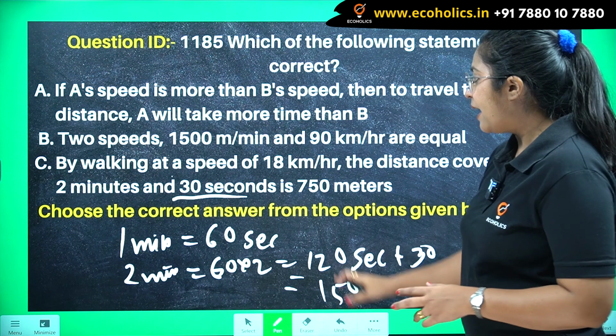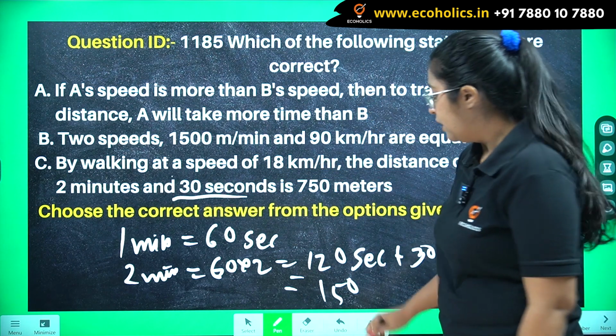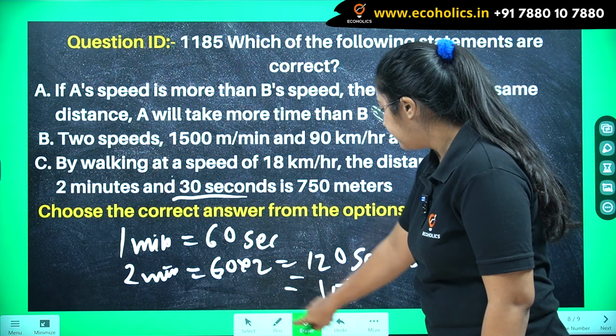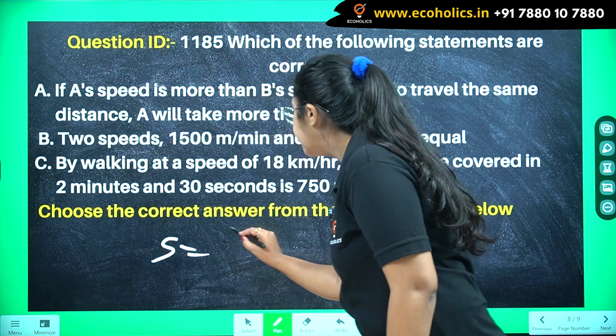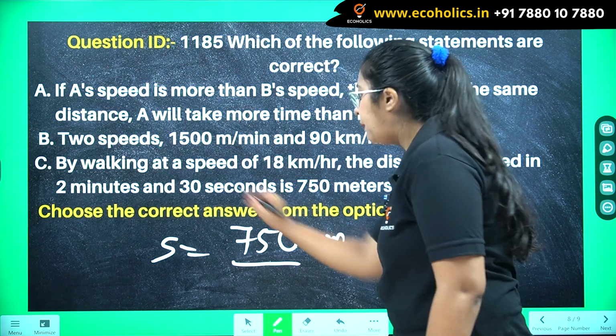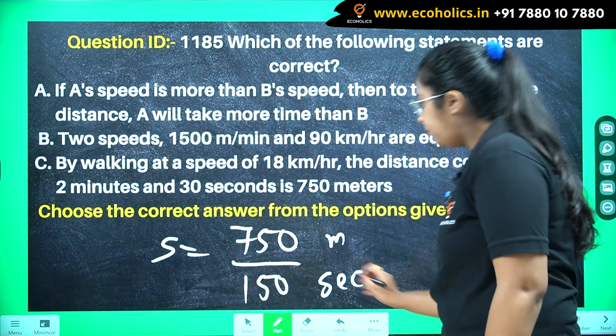Okay, so now we have 150 seconds total and 750 meters. Okay, and so we first calculate this. Okay, so what is the speed? Speed equals 750 meter upon 150 seconds.